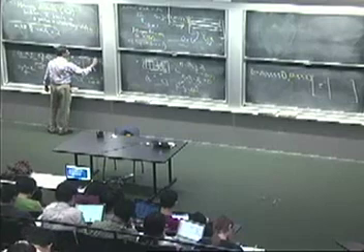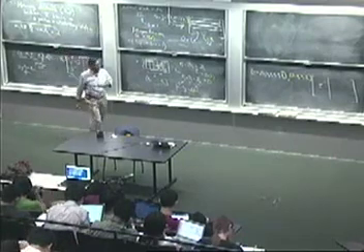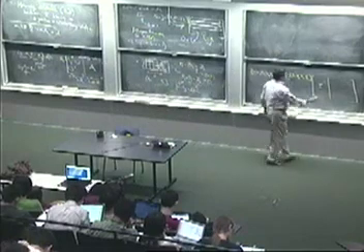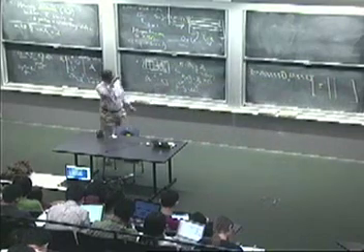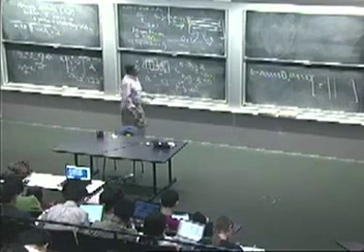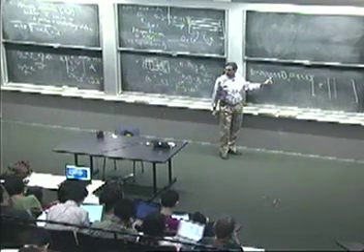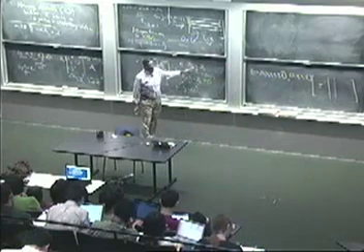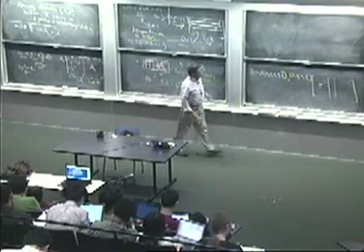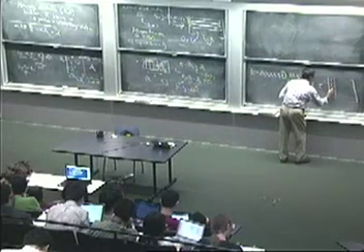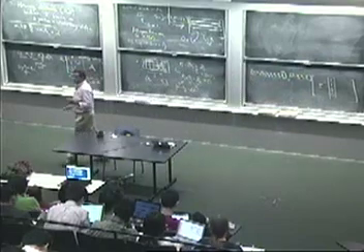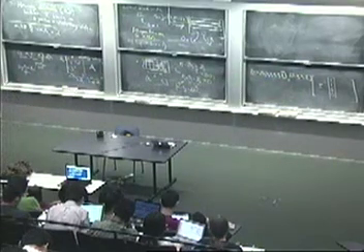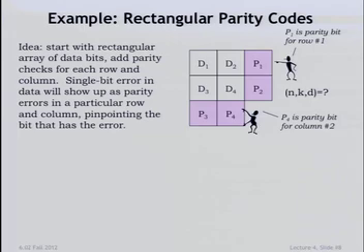So when you see identity matrix, you know it's a square matrix with ones down the diagonal. Okay, so what goes in the next column over for this particular example? The next column over is going to be P1. P1 is D1 plus D2. So what I need is 1, 1, 0, 0. Right? And similarly for the other parity bits. Once you're told the rule here, it's easy to generate the matrix that goes with it.